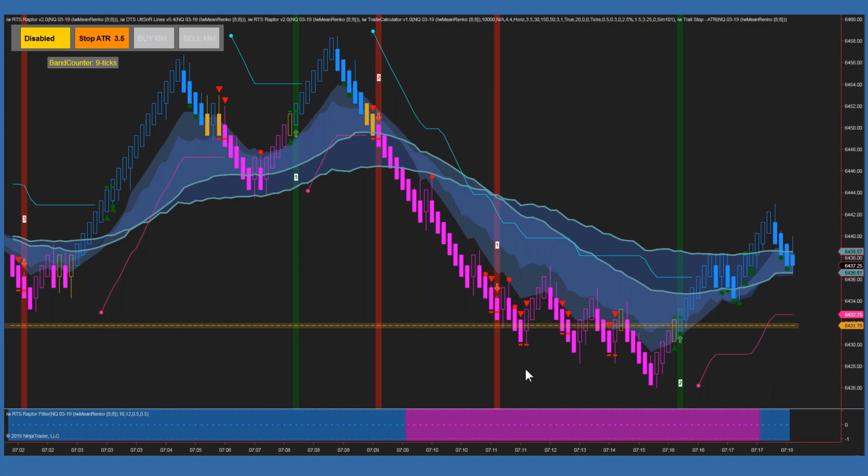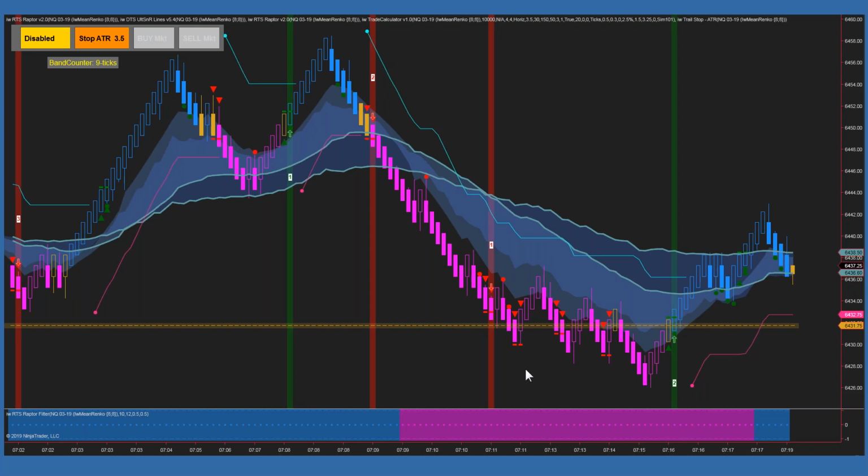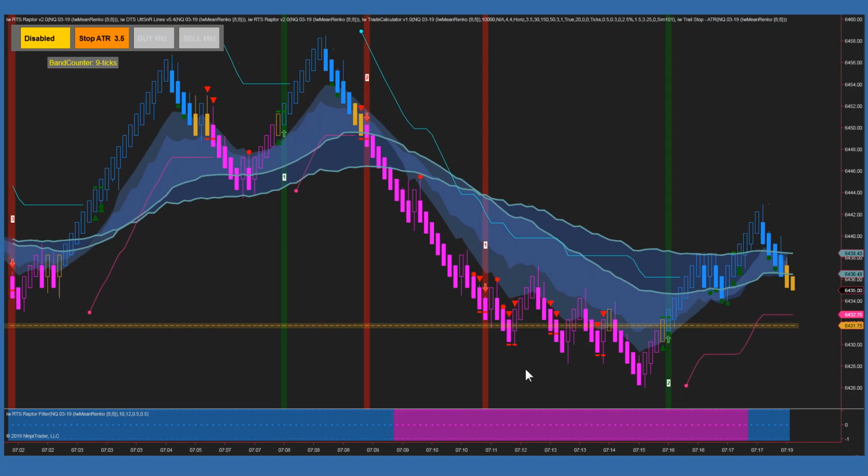If you find that you're starting to get slipped on your entries because your order size is too big, then you can start migrating over to the E-mini, which of course will absorb 20 contracts in the blink of an eye. But that's a good problem to have. When you start moving the market, that's a nice problem to have.